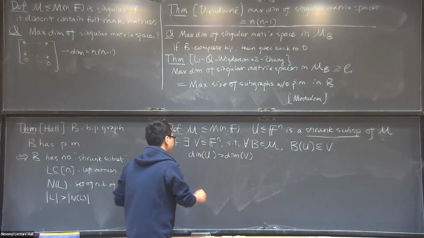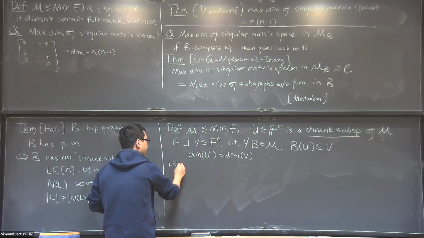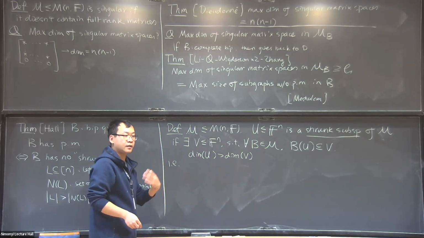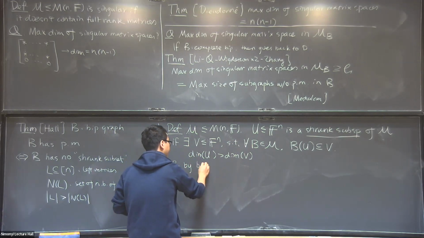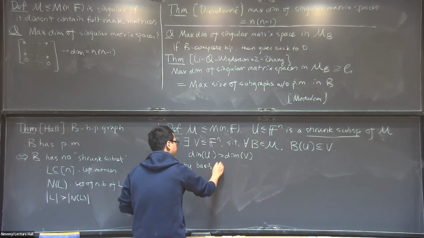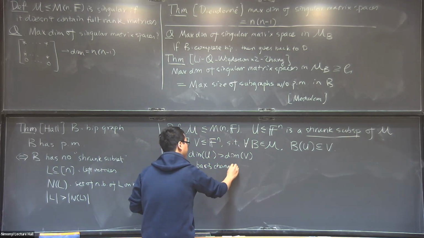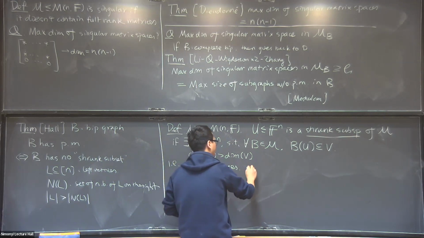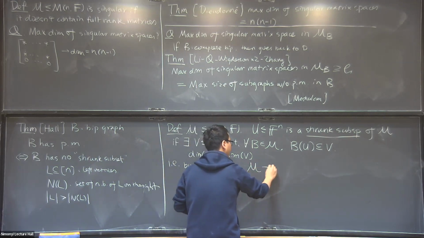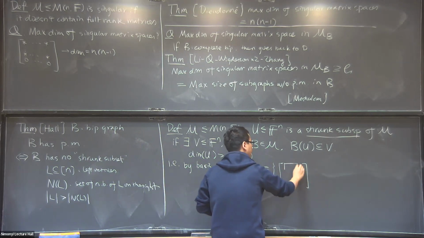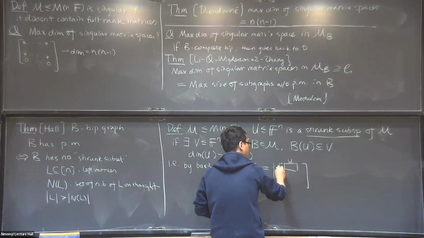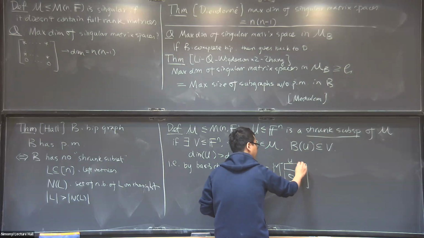And that is by doing some change of basis on the left and on the right. So by basis changes, every matrix of your M will be of this form. There will be U, corresponding to V, and there will be a large block of zeros.